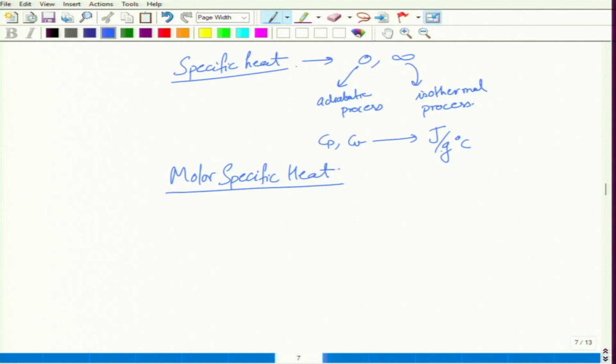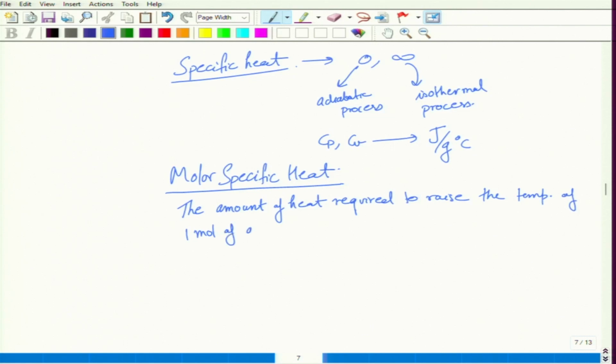Molar specific heat is defined as the amount of heat required to raise the temperature of 1 mole of gas by 1 degree centigrade.